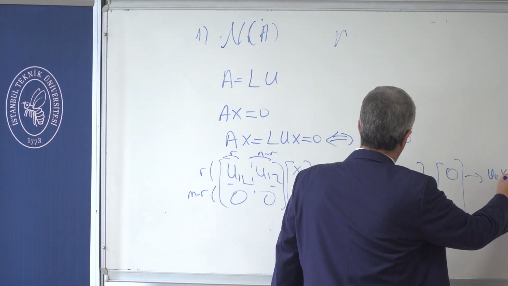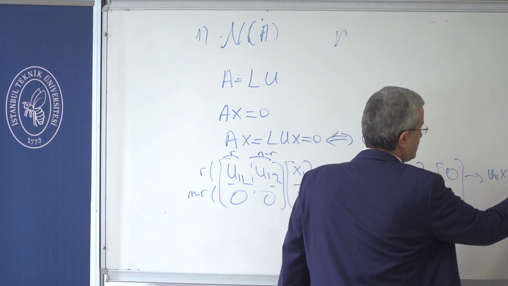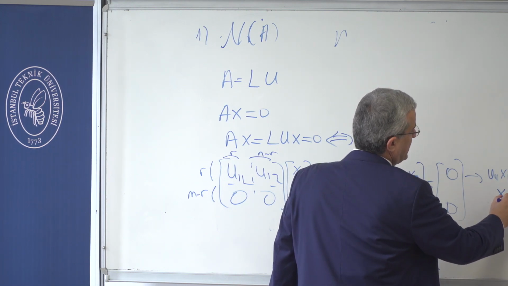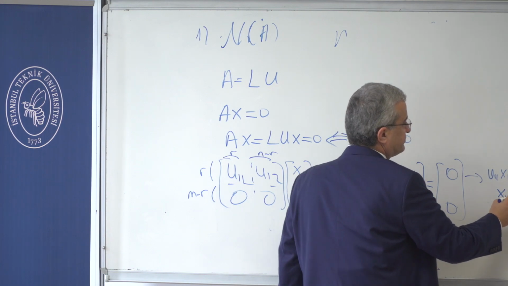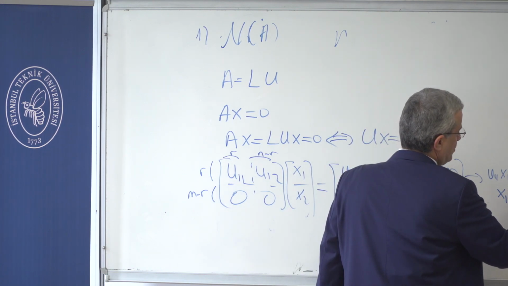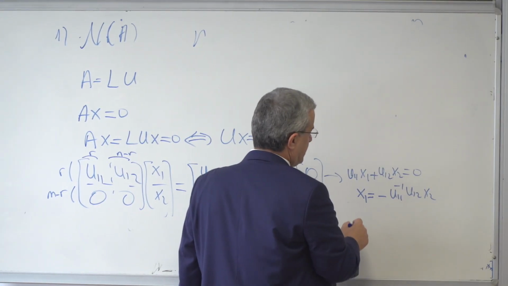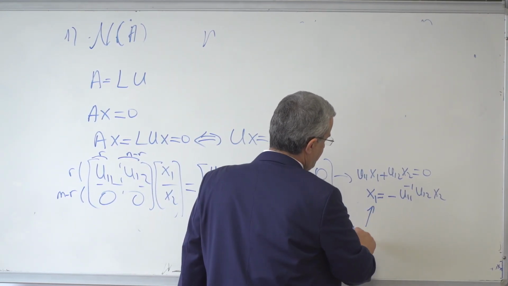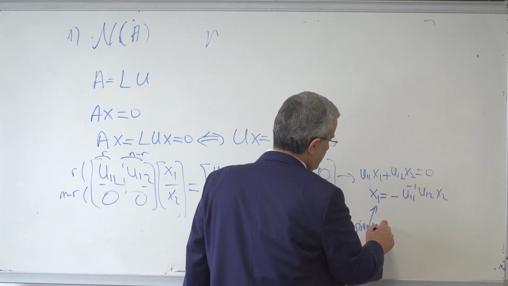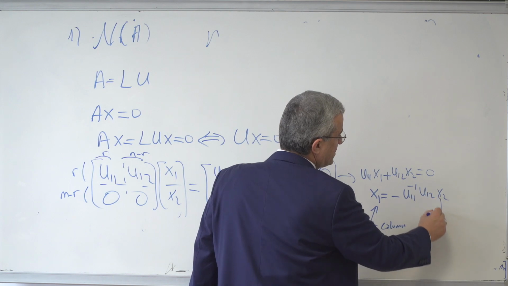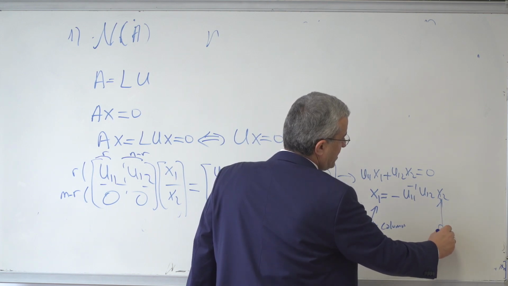U11 x1 plus U12 x2 equals 0. Or if you solve for it, x1 equals minus U11 inverse U12 x2. So x1 comes from pivot columns, and x2 corresponds to free columns, right?